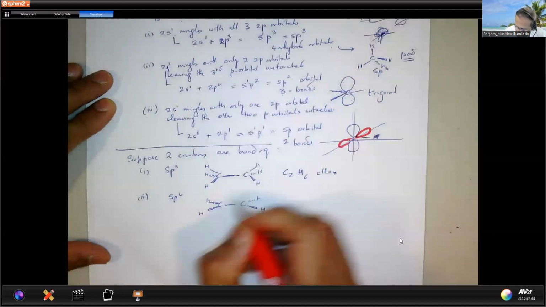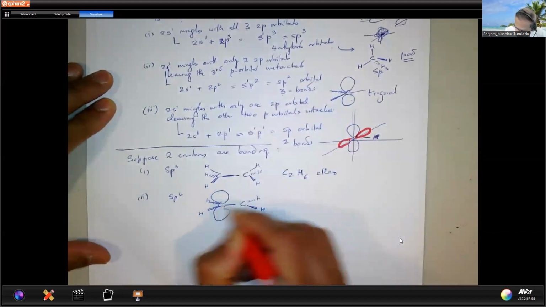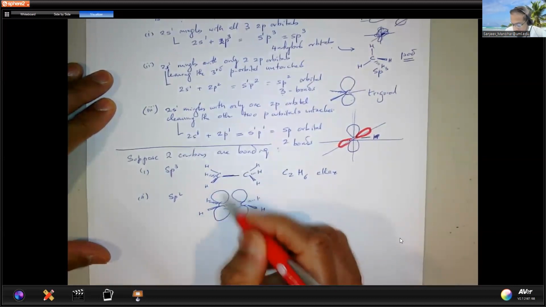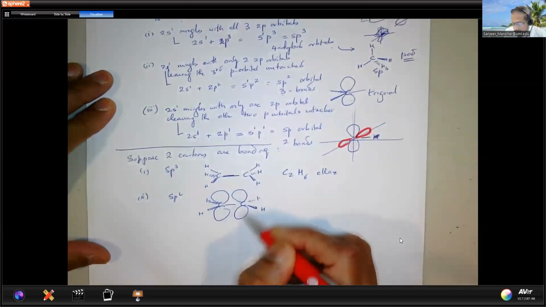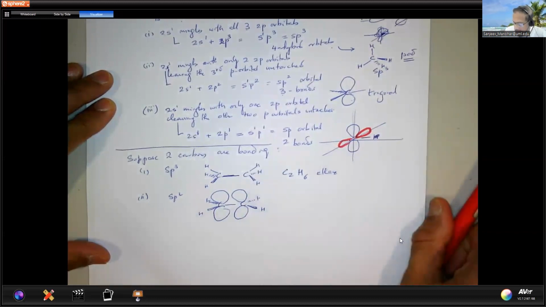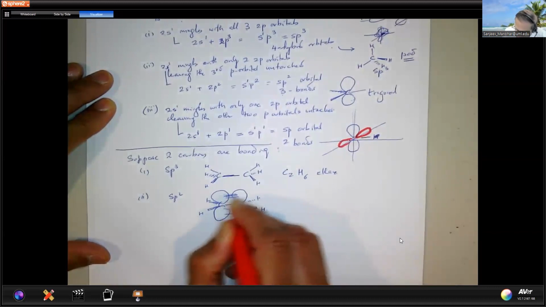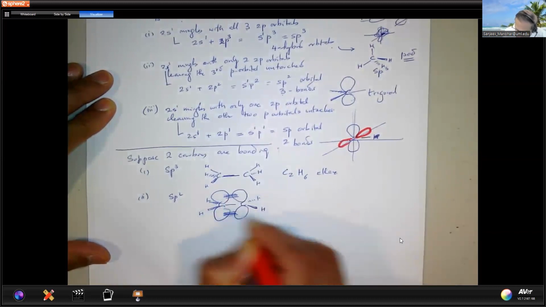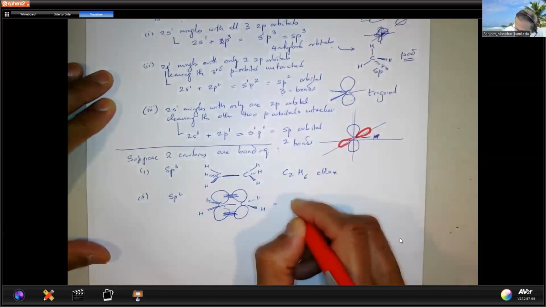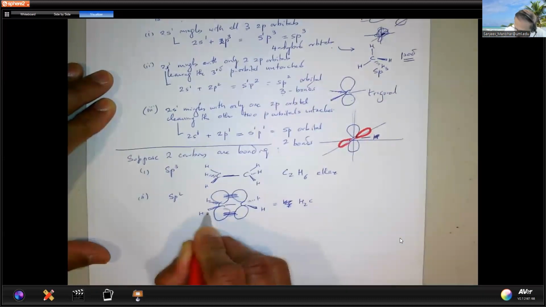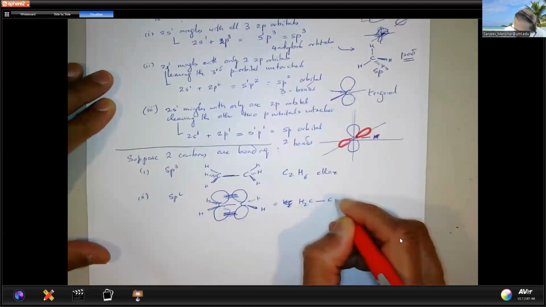So what about this? This is the untouched p orbital of one. This is the other untouched p orbital of the other carbon. These can bond weakly, right? These can also bond weakly, overlap. How do we say that? CH2 bond CH2, right?